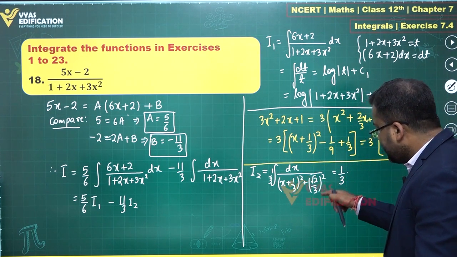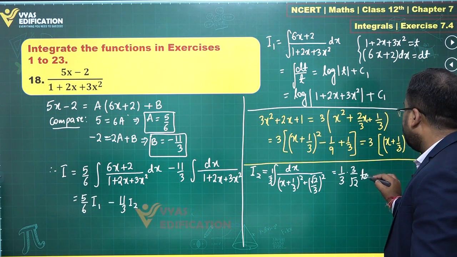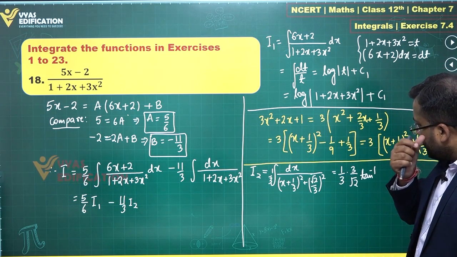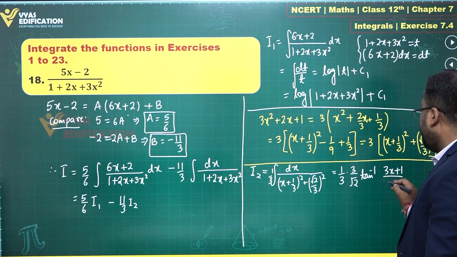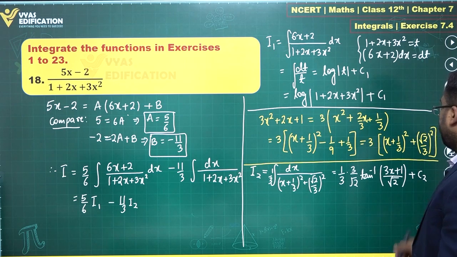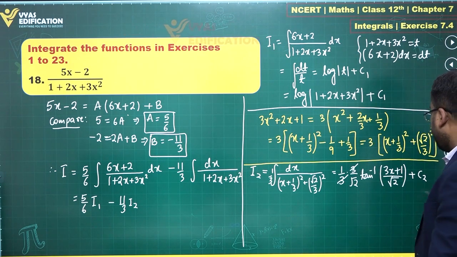1 by a means the reciprocal of this will be 3 by root 2. tan inverse x by a is what I get, and x plus 1 by 3 upon root 2 by 3, multiplied by 3, this becomes 3x plus 1 upon root 2 plus constant c2. That's the other constant that you need. This 3 cancels with this 3, and this is I2 for us.